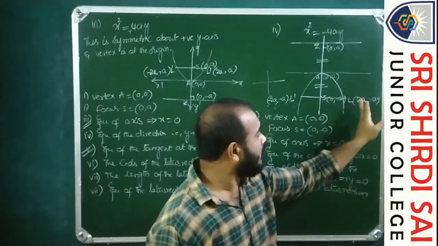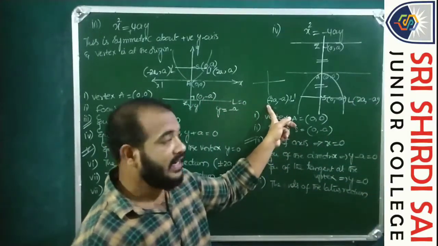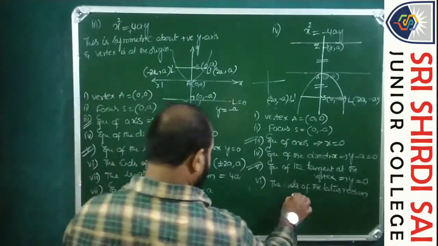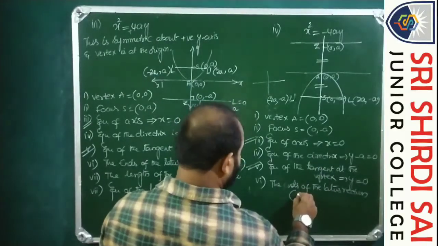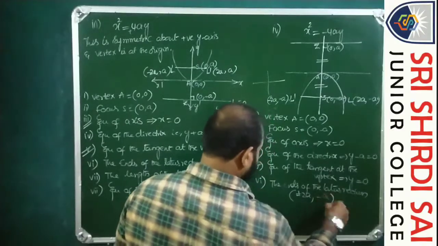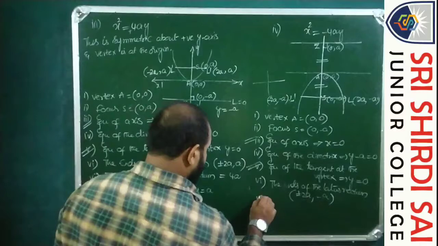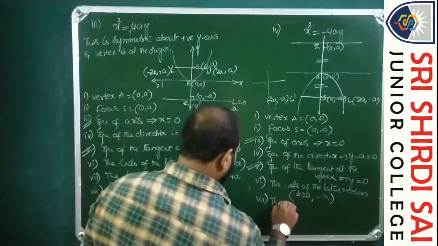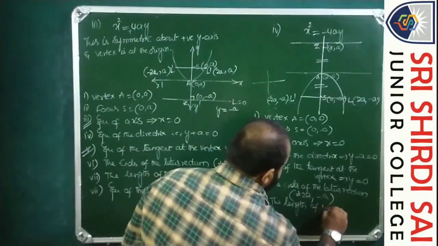Plus plus, minus plus, minus minus, plus minus. Fourth and third quadrant. So this is 2a and this is minus 2a. So this can be written as plus or minus 2a comma minus a. Earlier it was plus or minus 2a comma plus a. So the next one is the length of the lattice rectum.